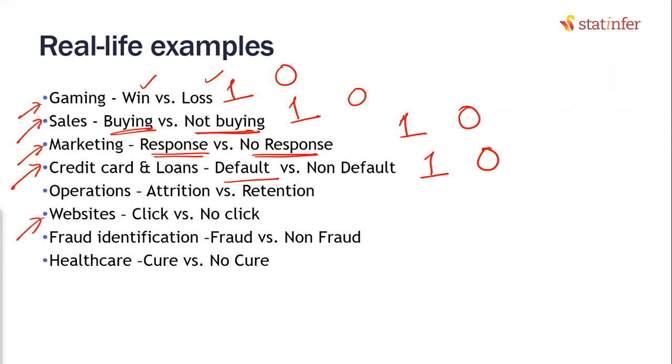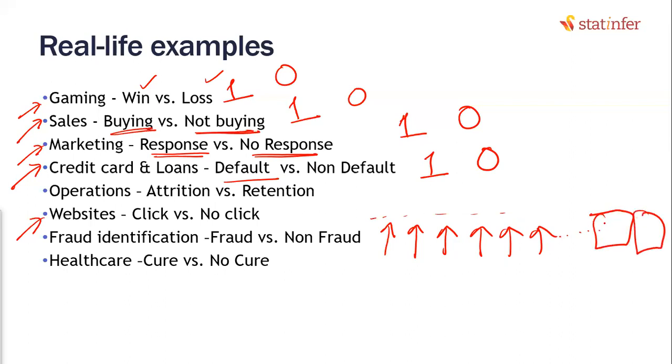On websites, based on your click stream data, what websites you have visited, how much time you have spent on each website in the last 2 hours, what was the most clicked web page, how much time you spent on social media websites, how much time on news websites, etc., I want to predict whether I should show this ad or not, whether you will click on this ad or not. In operations, whether the customer will attrite or retain, or whether an employee will stay back or attrite.